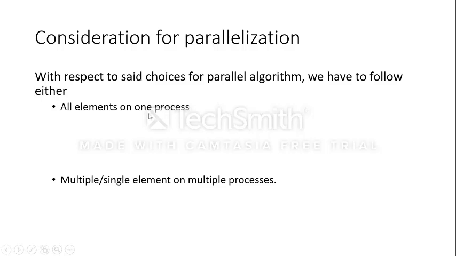But one thing to be noted is that this method is not useful, because if we assign all elements to a single process and not to multiple processes, then there is no parallelization, or I should say the parallelism is lost, because the multiple processes are not running simultaneously, and that is not speeding up the task.